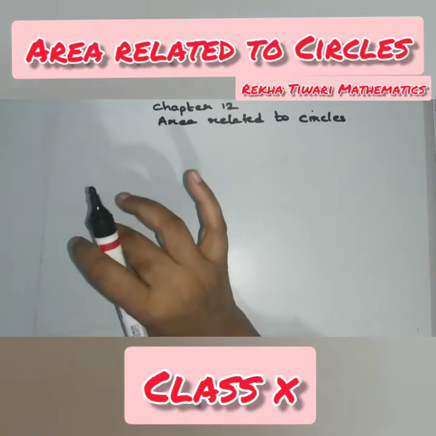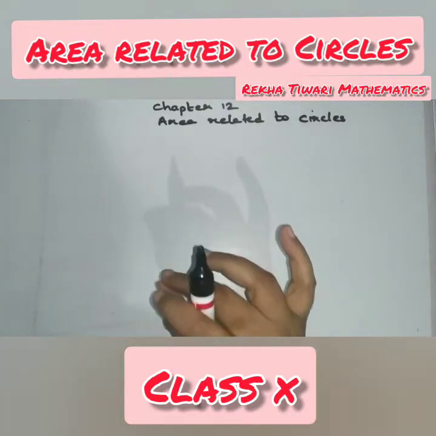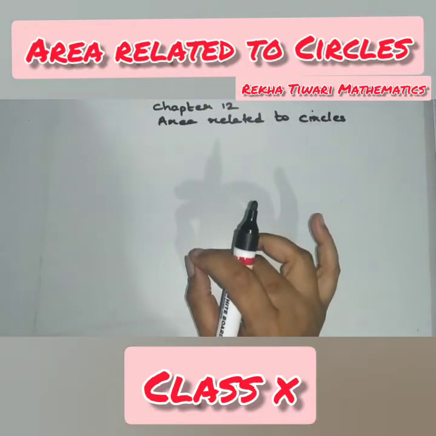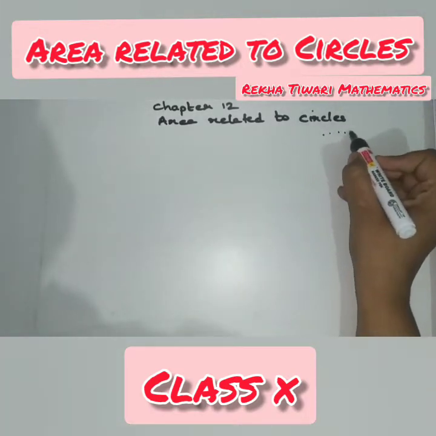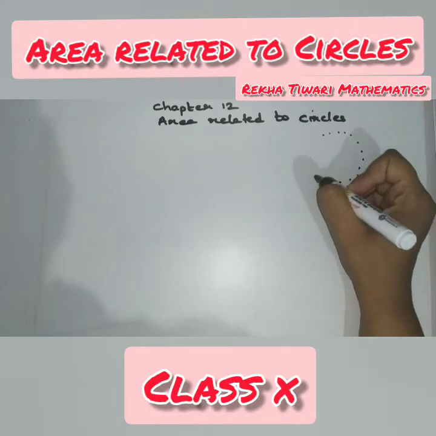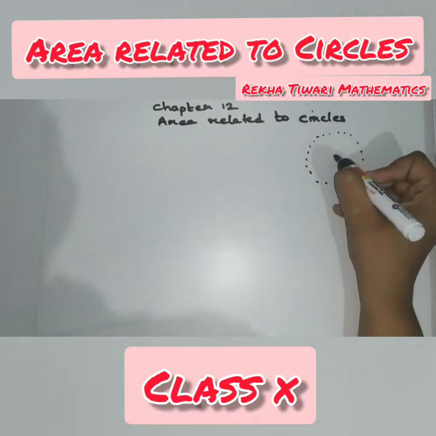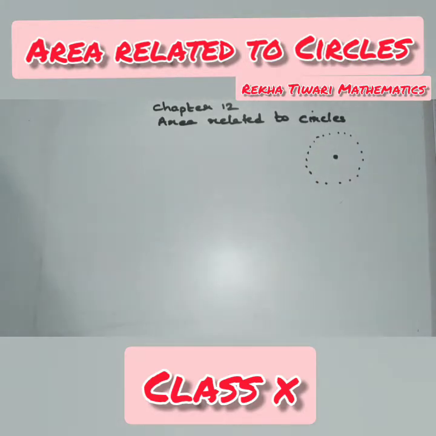Okay, you know that circle is a round object, but how to define a circle? Circle is nothing but the collection of points which are at a fixed distance from the fixed point. What I said, what is circle?